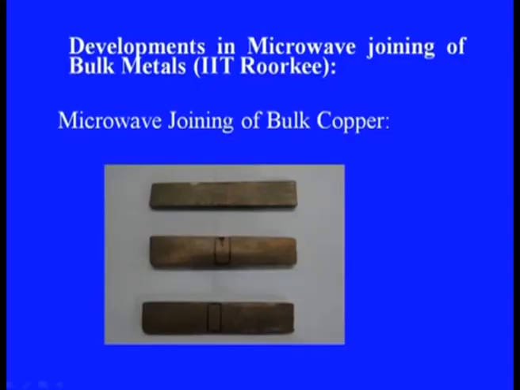The microwave joining of bulk copper has been carried out, microwave joining of steels have been carried out, stainless steel to mild steel have been carried out and so on. This is on the screen, some specimens are being shown. These are the plates of copper and they are being joined using microwave radiation.